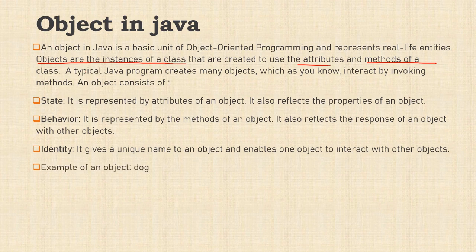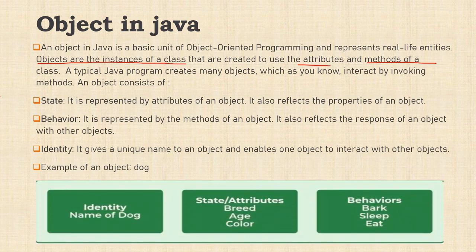State, behavior, and identity. Example of an object: a dog. The state means the breed, age, and color. State is all the variables that you are declaring inside the class: the breed name of that dog, age, and color. The behavior of that dog will be bark, sleep, and eat.